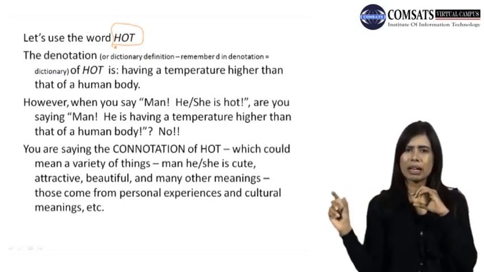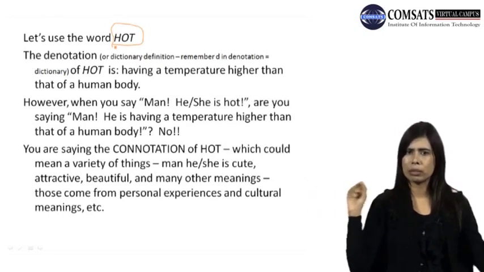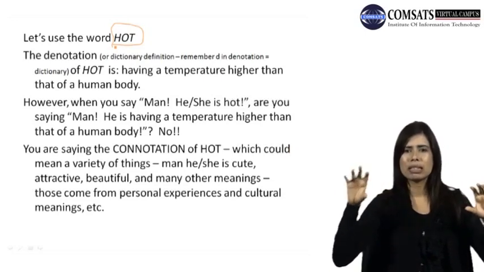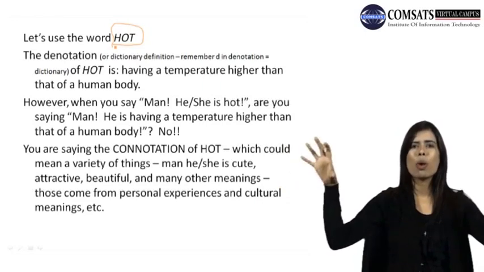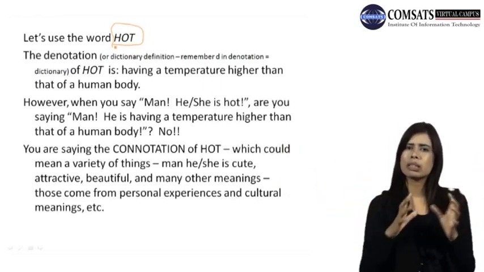So hot is taken in the sense of temperature. But when we say he or she is hot, that is not body temperature. It means that person is very attractive, beautiful, and many other meanings which are relevant to one specific culture and based on your personal experiences as well.